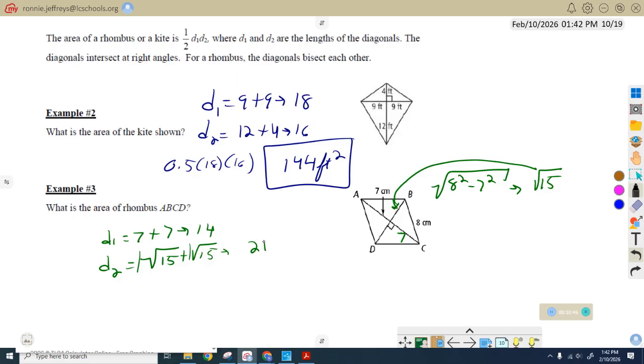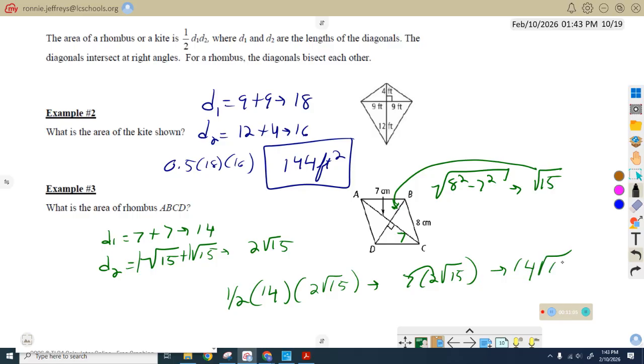Because this would be 2 root 15. So now we have 1/2 times 14 times 2 root 15. That becomes, let's say half of 14, 7. All right, 2 times 7, so 14 root 15 centimeters.